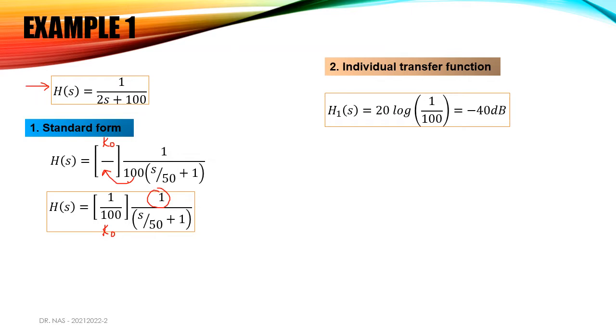Followed by the denominator, there's no s outside the bracket, so no poles at origin, so you only have a single s inside the bracket, so you have poles at 50. Don't forget, for the poles equation it must be 1 divided by the component s divided by 50 plus 1, so you have 1 real pole at 50.